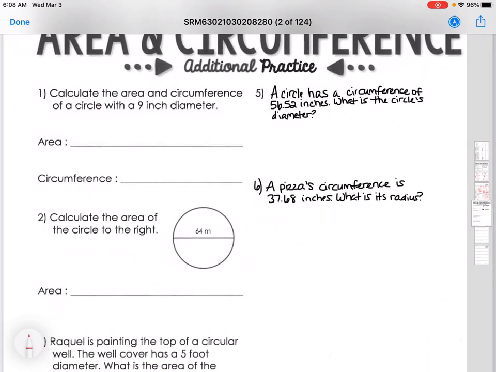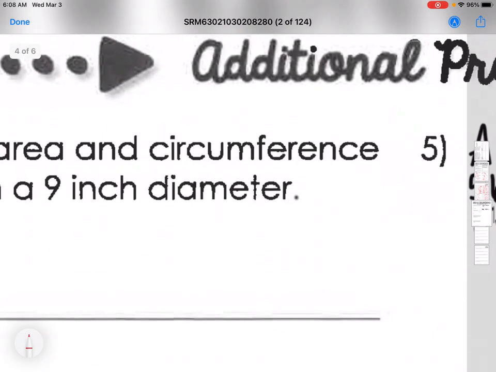Okay, it says calculate the area and circumference of a circle with a 9-inch diameter. So I know for area, I need to know my radius. So if my diameter is 9 inches, that tells me my radius is 4.5 inches.